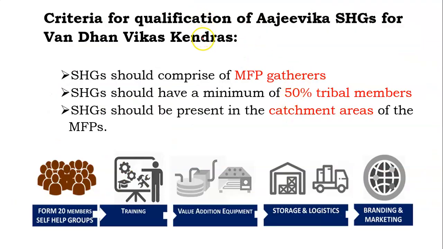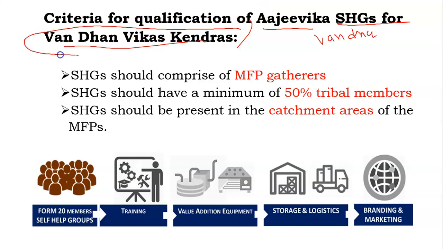Now, what is the criteria for qualification of an Ajivika self-help group for One Dhan Vikas Kendras? Friends, One Dhan Kendra and One Dhan Vikas Kendra, this is a small concept, a small catch which I will tell you in my upcoming slide. Before moving ahead, you should know the criteria for qualification of these Ajivika self-help groups.